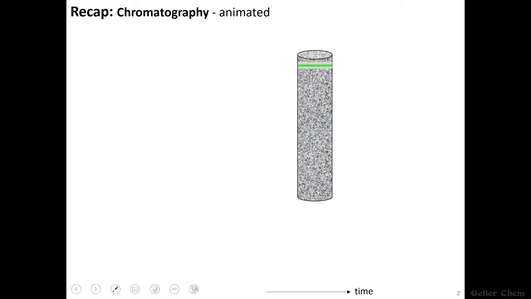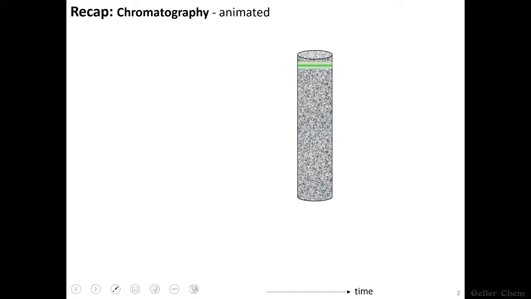In the meantime, the column itself has some stationary phase, and right now the type of stationary phase that we've discussed is just having a bunch of particles packed into this column that are going to slow the solutes down as they flow through the column. However, we've already discussed that some solute chemicals will interact with these stationary particles more than other solute molecules that are going through the column.